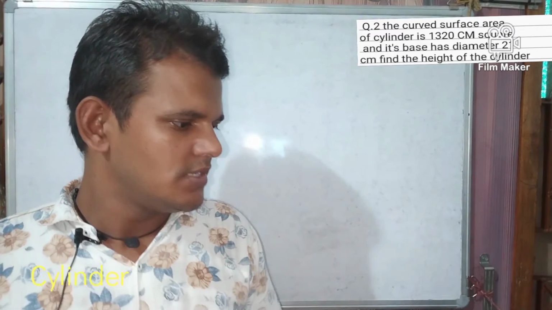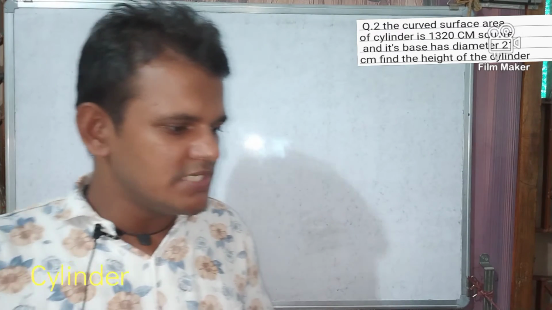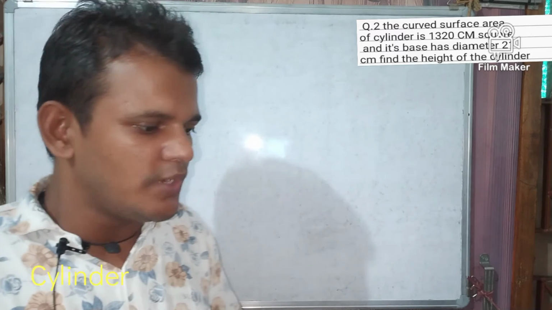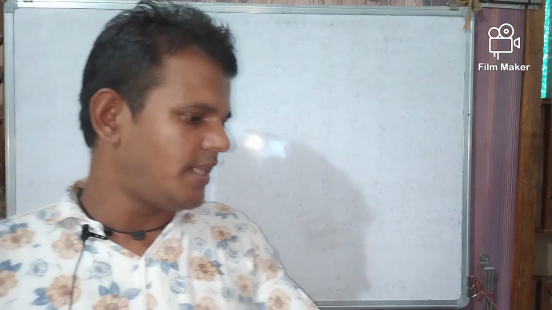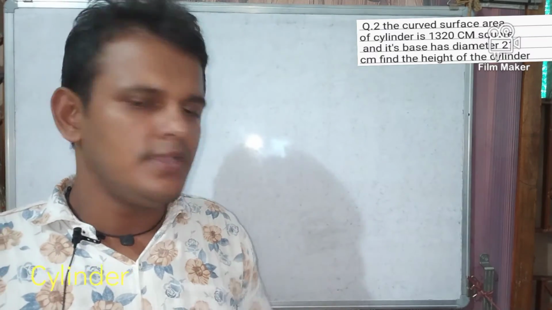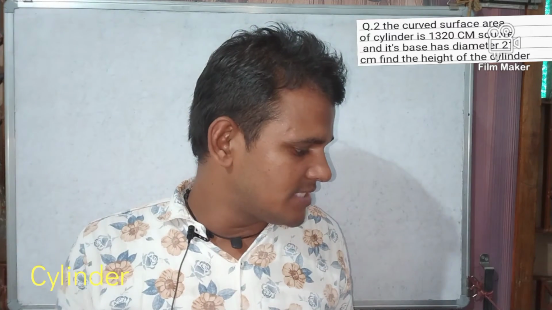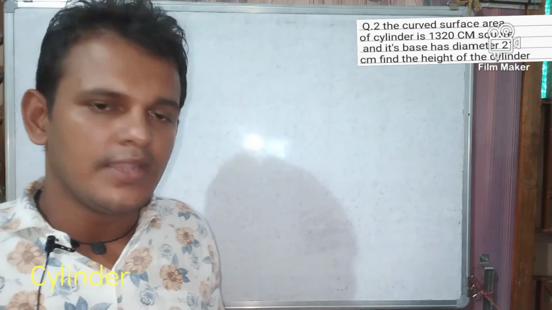Question number 2 is: the curved surface area of a cylinder is 1320 centimeter square and its base diameter is 21 centimeter. Find the height of the cylinder. So our target is to find the height of the cylinder. Curved surface area is given 1320 centimeter square and diameter is given 21 centimeter.